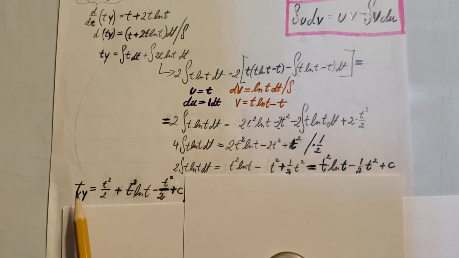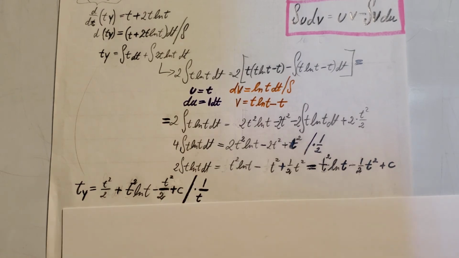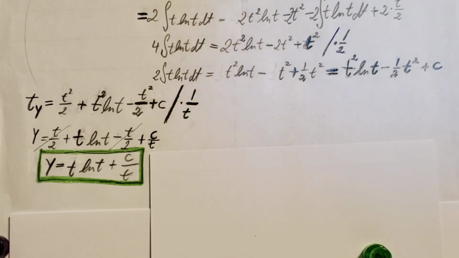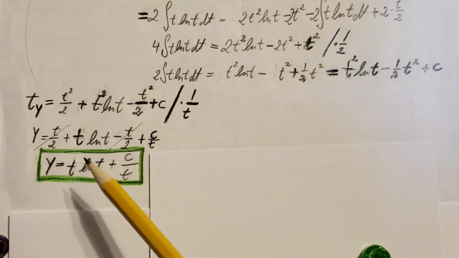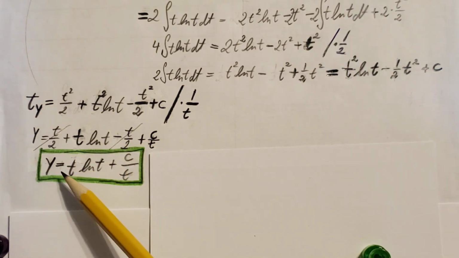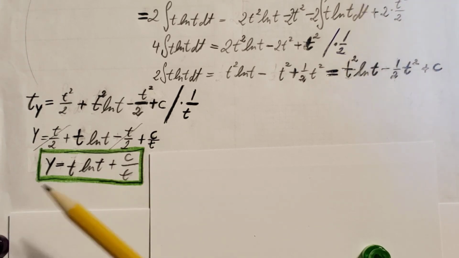Okay, so let's do that. Let's clean it up. So we're gonna divide the whole equation by t, and after doing a little simplification, we can finally get y equals t ln t plus c over t. Okay, this is the answer to our differential equation.